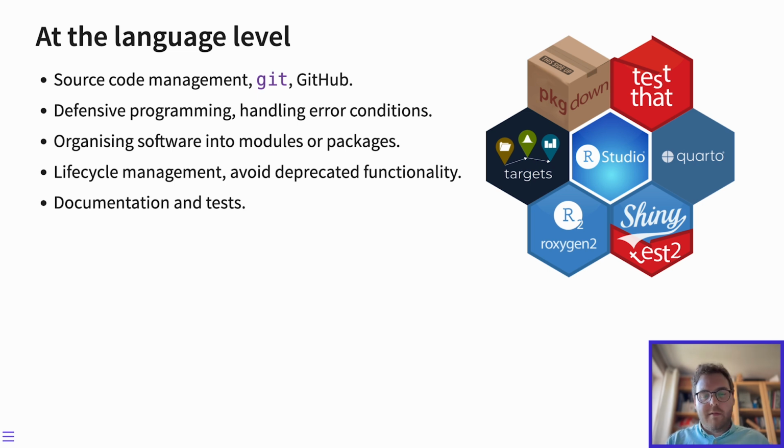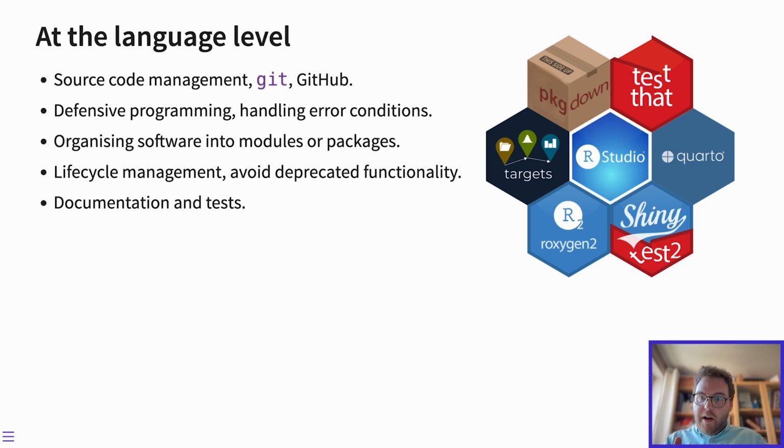And also things like organizing your software into modules or packages, and avoiding deprecated functionality if you're using packages. And most importantly, at least in my opinion, documentation and tests. Really making sure that your software is doing what you think it's doing.